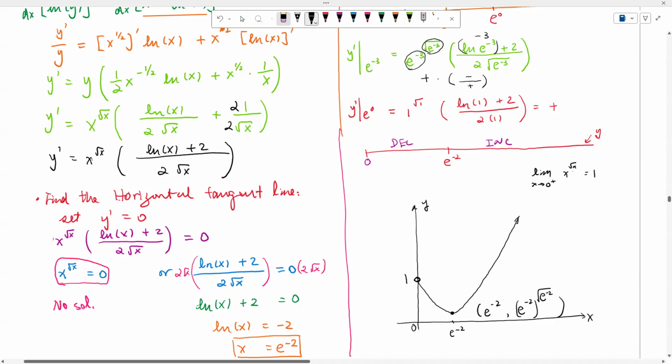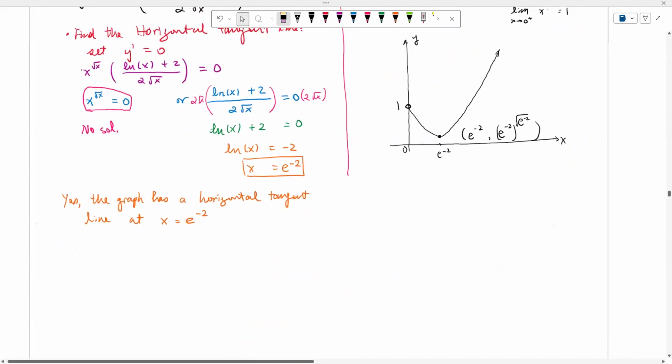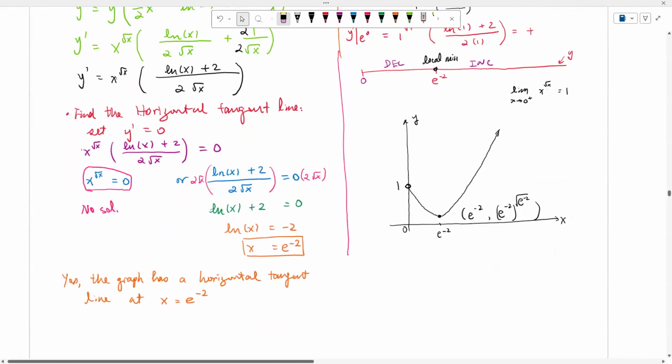Again, we will have a local minimum here. So we are done with this section now. Okay, thank you.